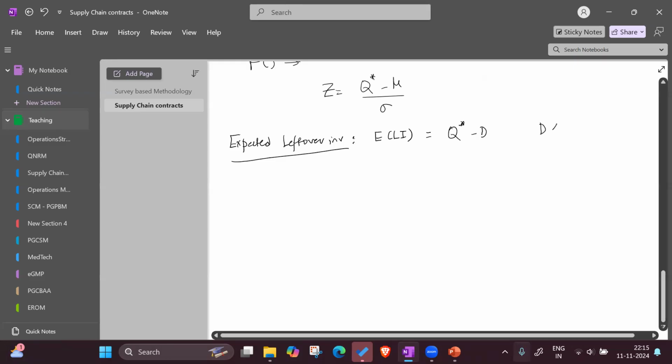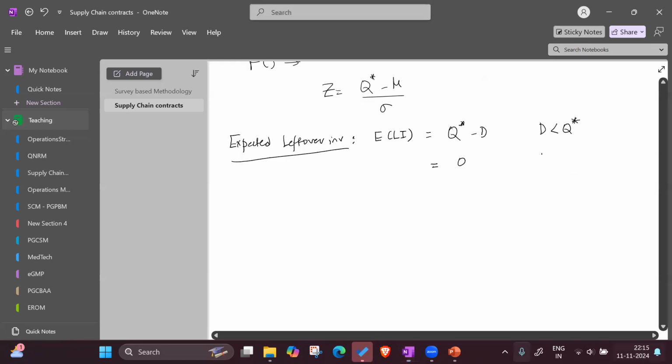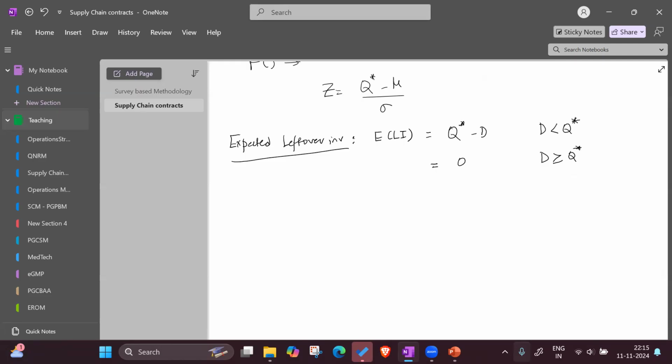As long as demand is less than Q star, you will have leftover inventory, and the moment demand is greater than or equal to Q star, you will not have any. If your demand is discrete in nature, this will be Q star minus D multiplied by the probability of D less than Q star, plus 0 into the probability of D greater than or equal to Q star.